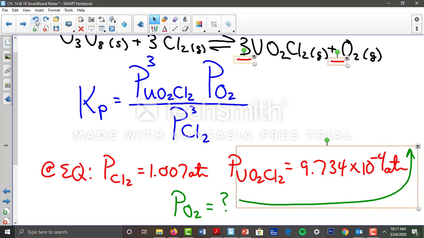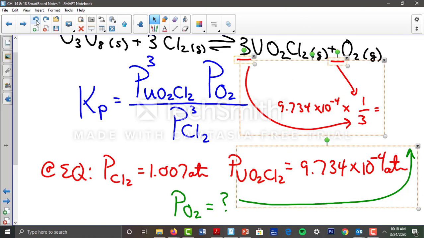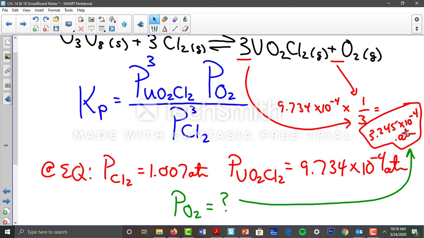So that 3-to-1 ratio tells us that the pressure of oxygen is going to be 3.24 times 10 to the negative fourth atms, based on molar ratios.